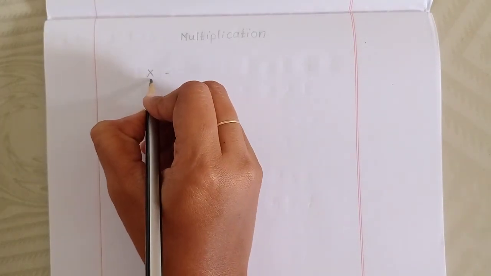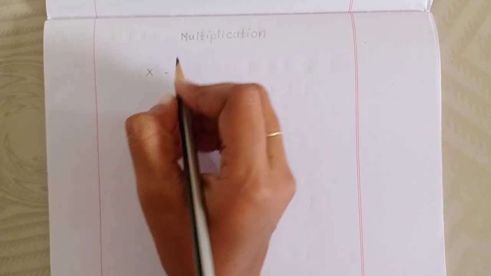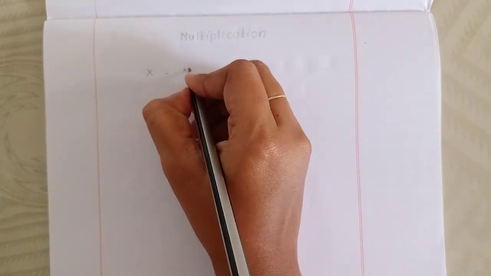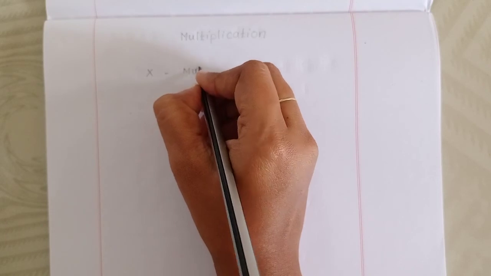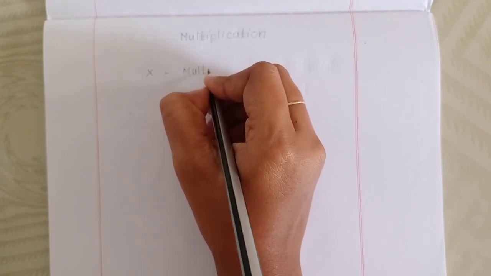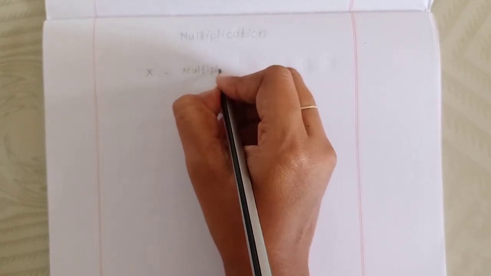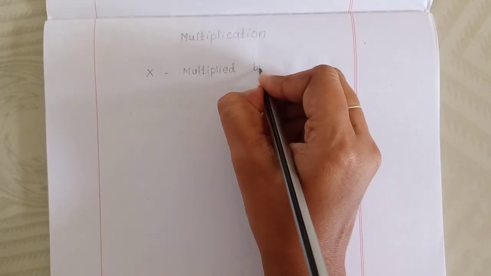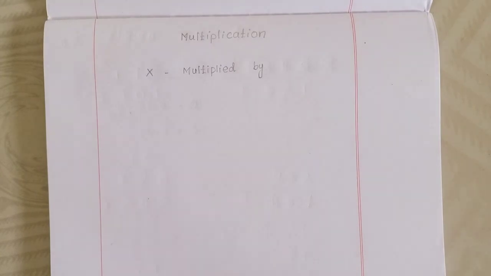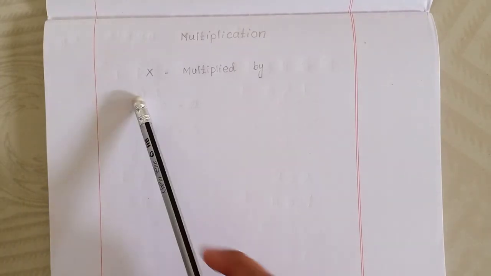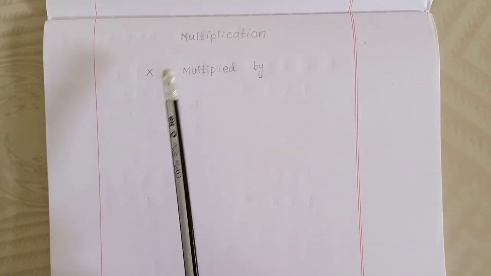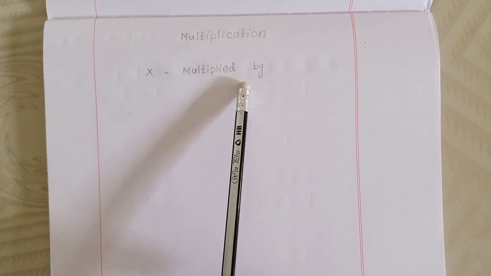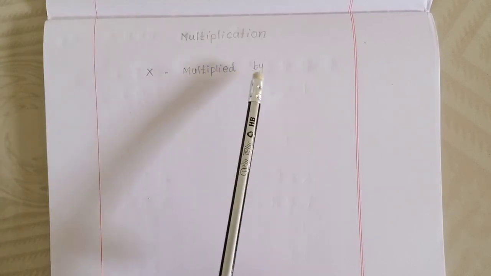Okay, this symbol is called as multiplied by. Multiplied by. This symbol is read as multiplied by.